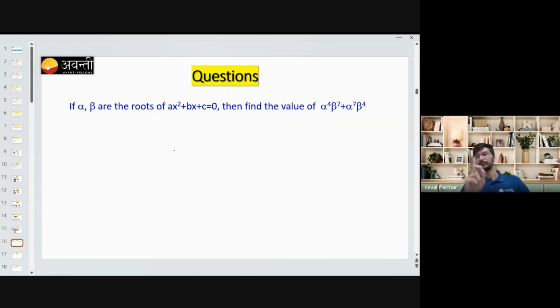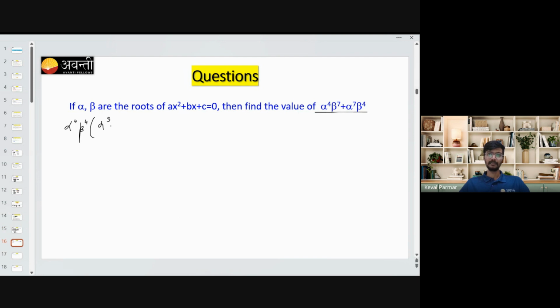This is a very interesting question, guys. The same as the previous one, but we need to know algebraic identities. Now let's first simplify it. Here we can take alpha raised to 4 and beta raised to 4 common. What will I be left with?